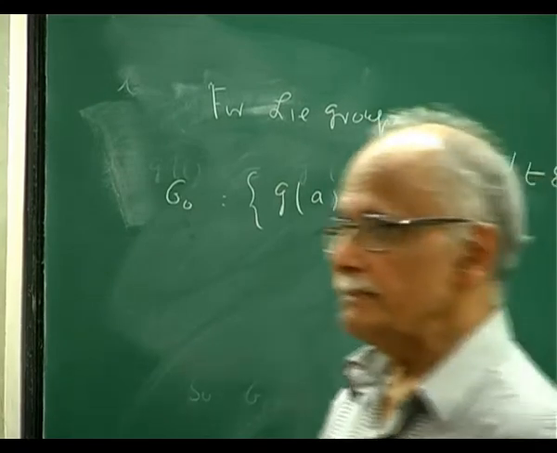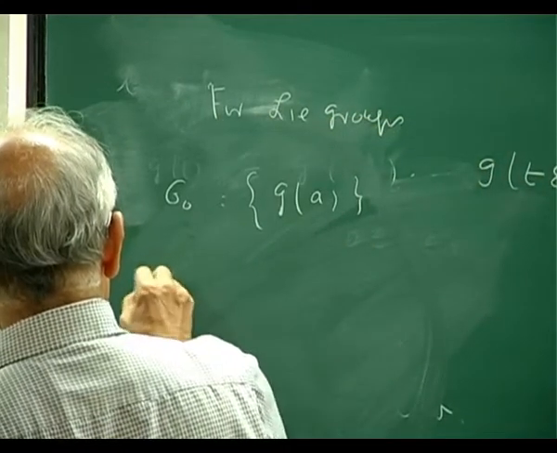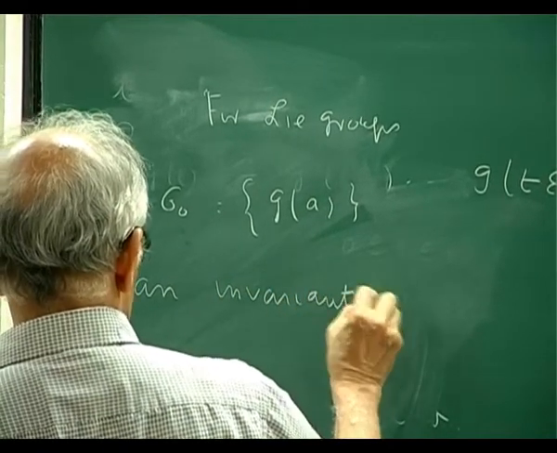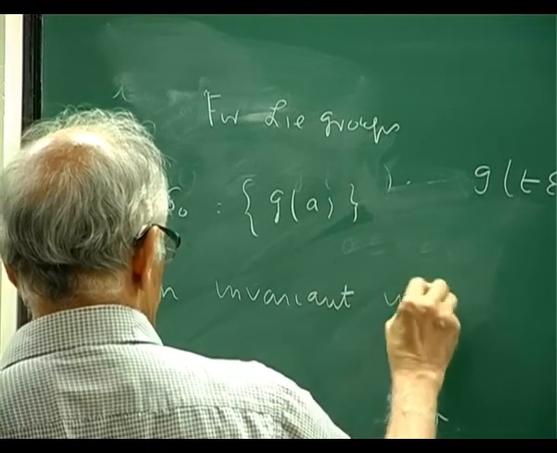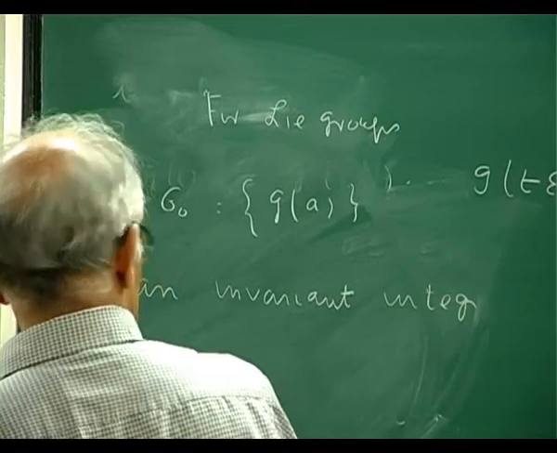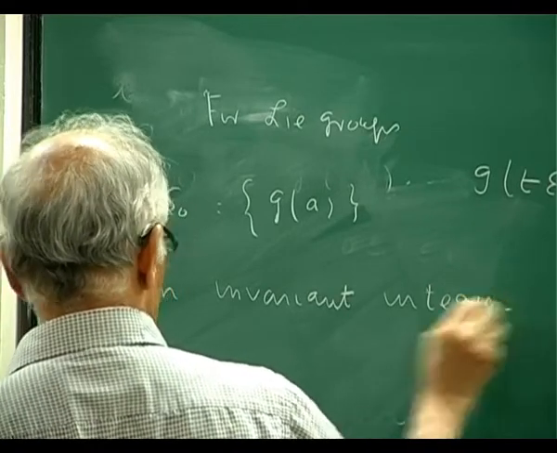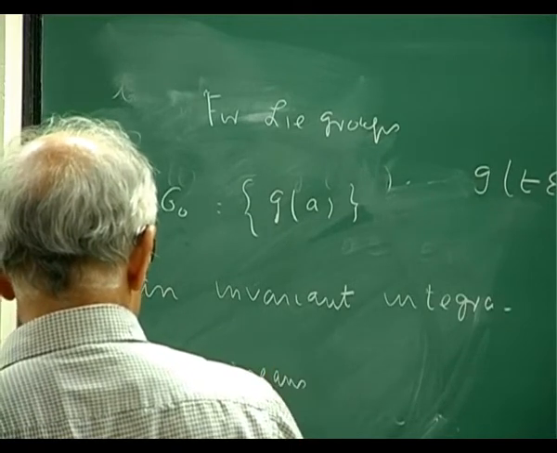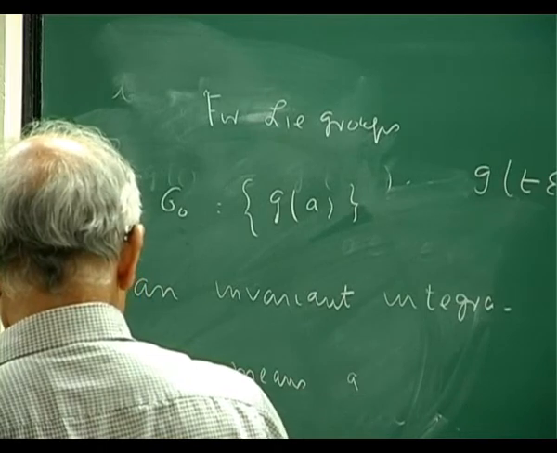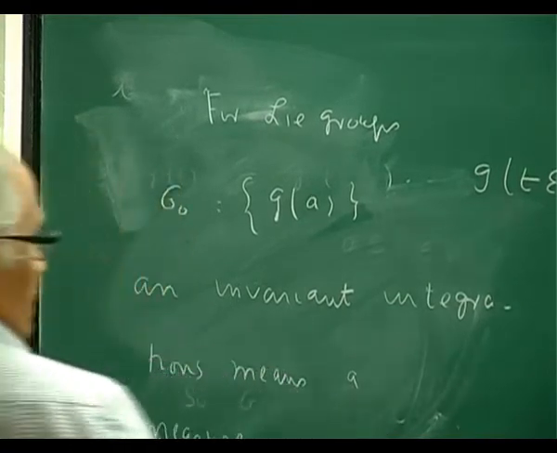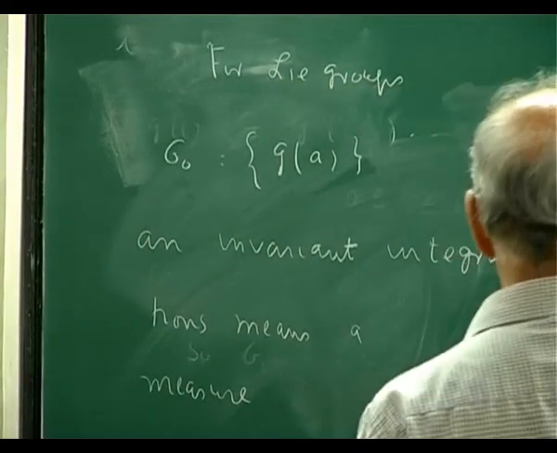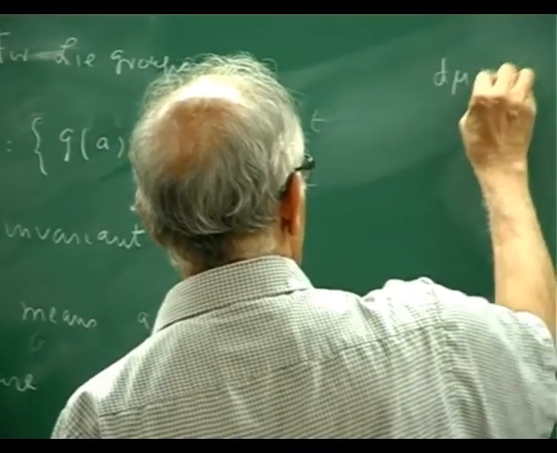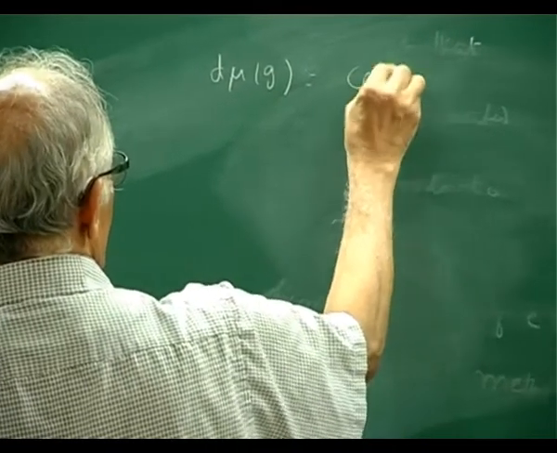What we mean by invariant integration is a measure. We can just think of a measure in the simplest way. Let me call it d mu of g, which in local coordinates will be some phi of a.